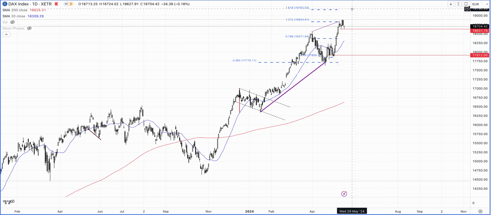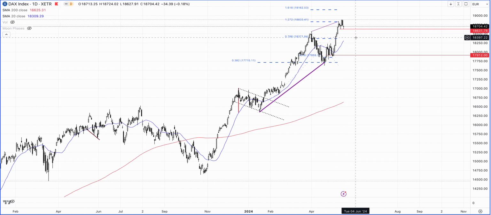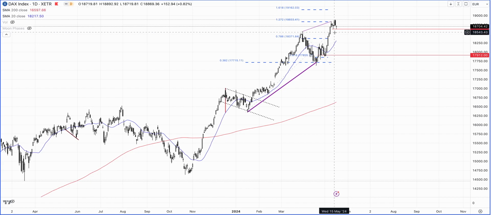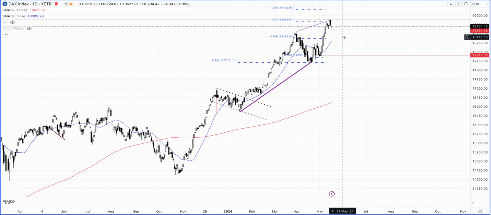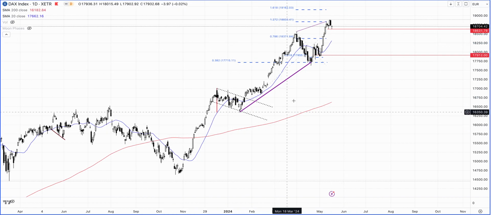The chances are it is likely to get up to 191.60, which is the 1.618 expansion, because the price last Friday came and tested the low of Tuesday, 14th of May, but rejected lower prices and closed in positive territory. But the key thing is it did reject lower prices, and the price is above the 20-day period moving average, and look where the 200 period moving average is, a really strong uptrend.